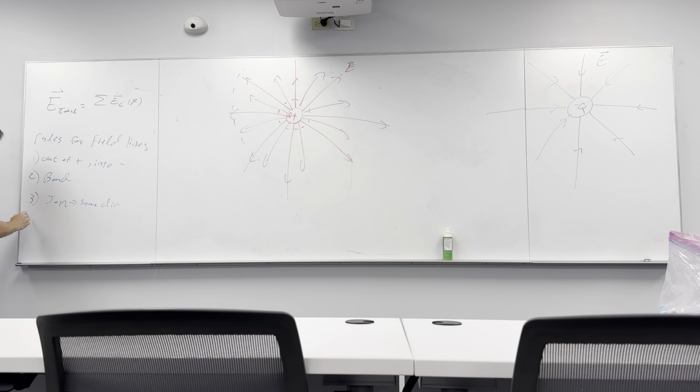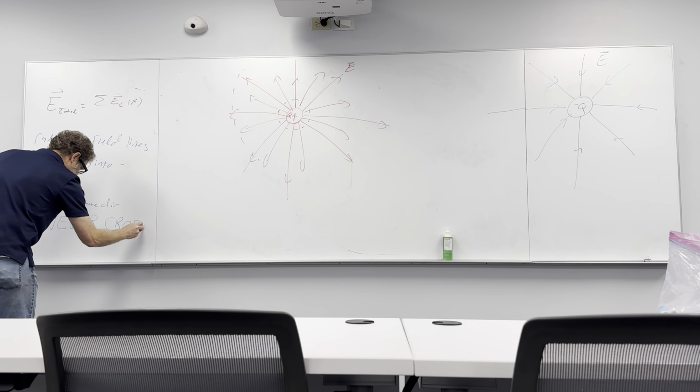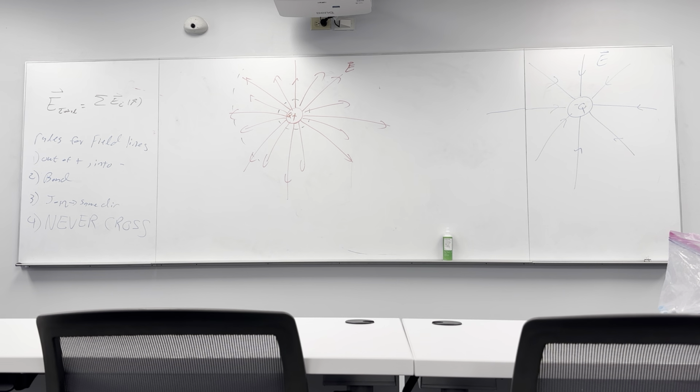But the fourth one, very important, and I wrote it in capital letters: field lines never cross. Now there is an exception to that, but we're not going to see it in this class. But are they always parallel though? Or do they sometimes get closer? Yeah, they can get closer.